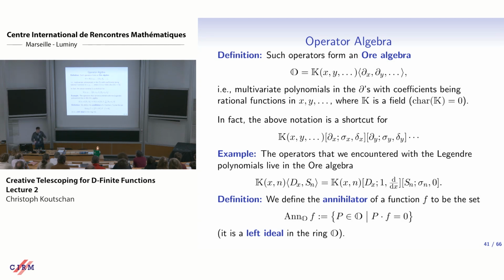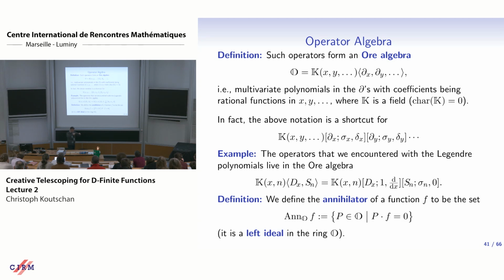And once we are talking about a function, we can look at the set of all operators that annihilate this function, that is called the annihilator. So if we have a function f and we fix an Ore algebra O, then the set of all elements in this operator algebra that send f to 0 is called the annihilator. And the algebraic structure of this annihilator is that it is a left ideal.